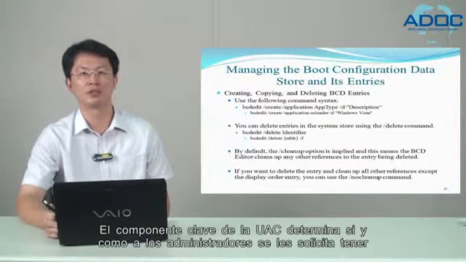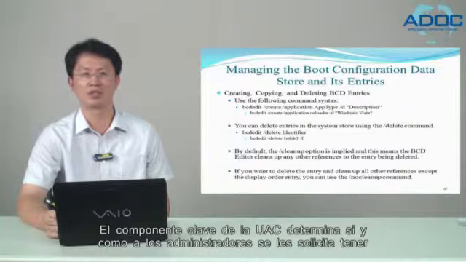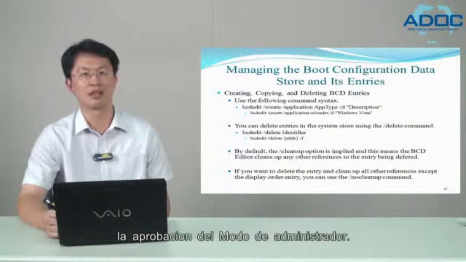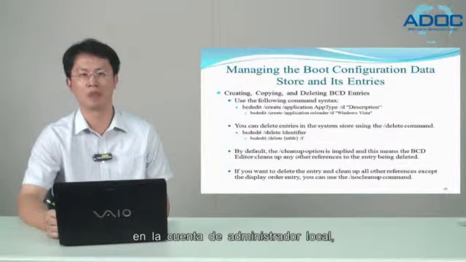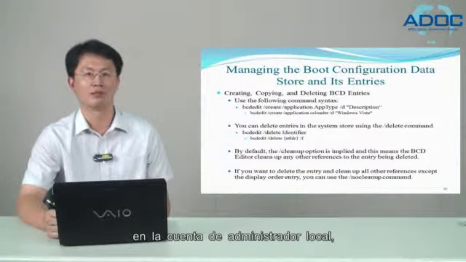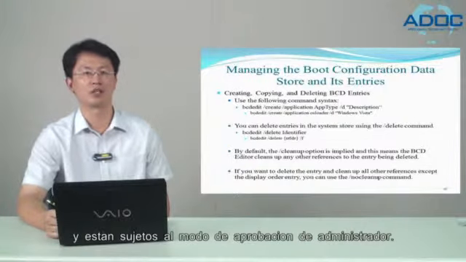The key component of UAC that determines whether and how administrators are prompted is Admin Approval Mode. By default, all administrators except the built-in local administrator account run in and are subject to Admin Approval Mode.